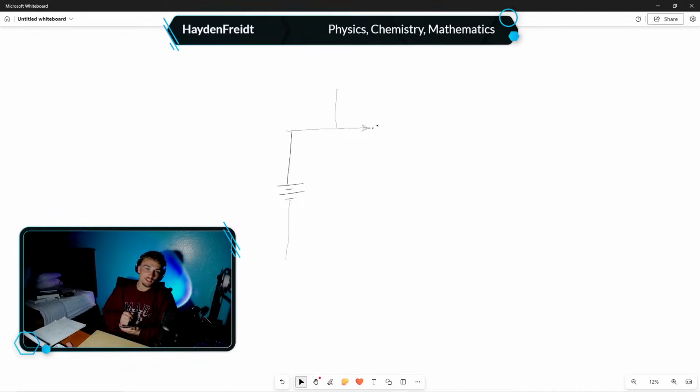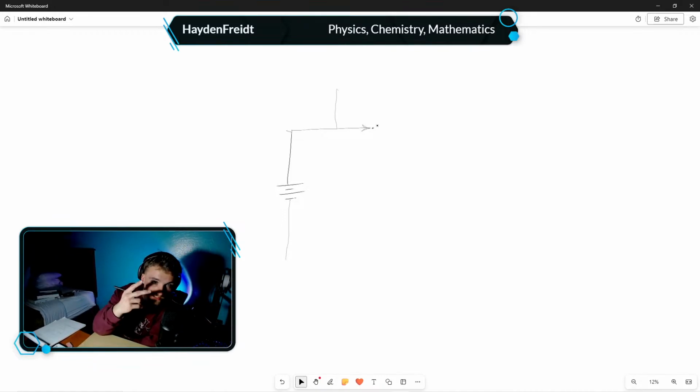Now a potentiometer is drawn in a particular way, but I'm gonna modify it just a little bit because it gives a way better analysis. I'm gonna draw it as if it consists of two resistors, which it kind of does, but really it's typically drawn as just an arrow and one resistor. But you'll see. I'm gonna draw it like this.